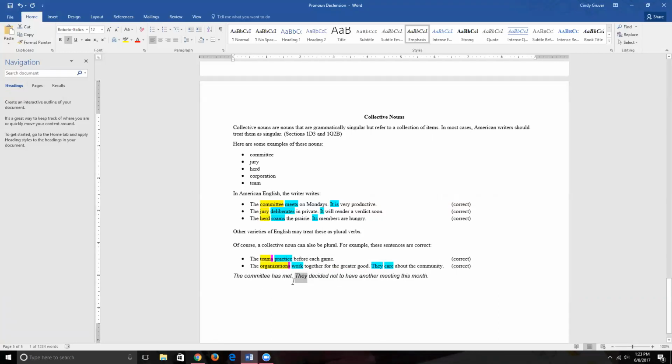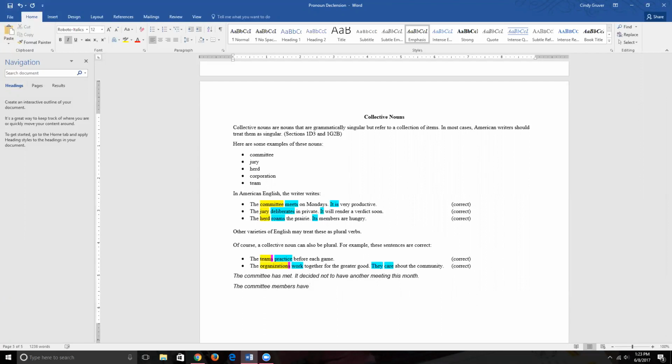Now we could change it up if we wanted to make this work, so we could either change this to it, because obviously a committee, even though it's made up of human beings, as a separate unit from the individuals is an it. It decided not to have another meeting this month. So that's one solution. That's changing the pronoun. That's one of the strategies. Or we could say the committee members.